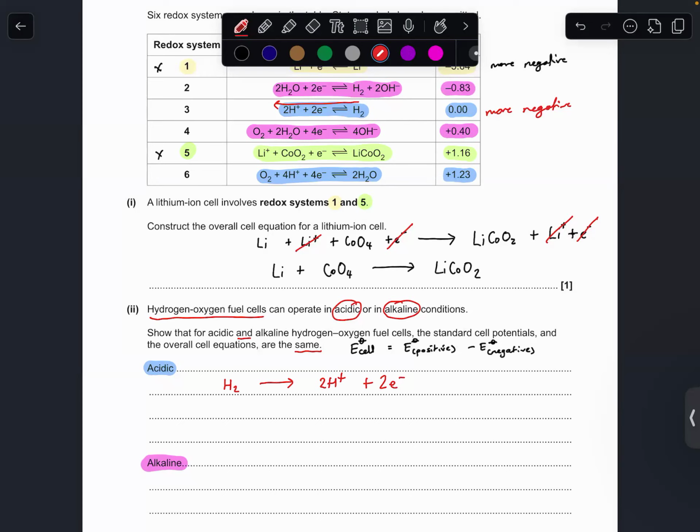The other equation is O2 plus 4H plus plus 4 electrons. That gives you 2H2O. Notice the electrons are not balanced. So what we can do in that case is double the first equation.